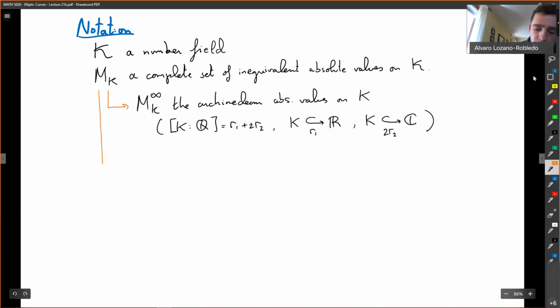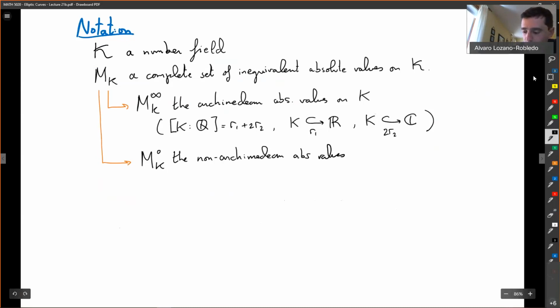And then there are the non-Archimedean absolute values. And those come from primes. Okay, so if you have a prime ideal in the ring of integers, then there is an absolute value attached to that prime, which is 1 over p.